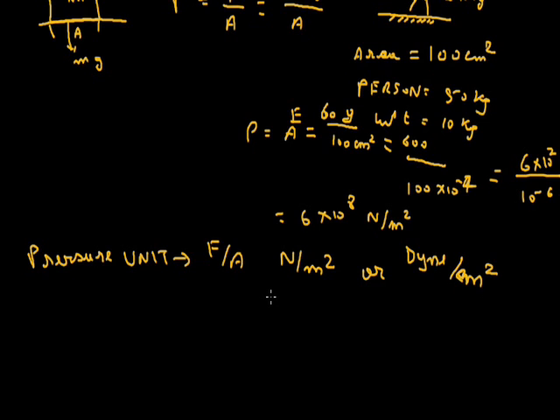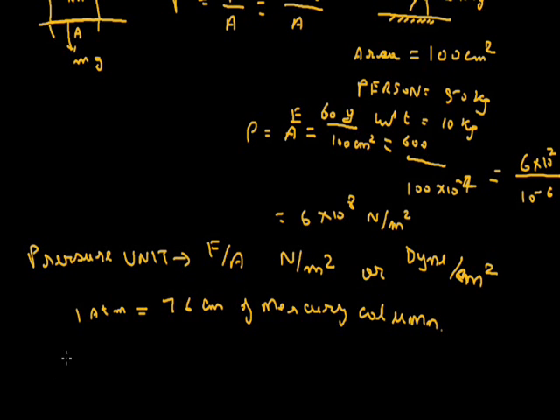There are some other units of pressure which are popular. Let us list them. 1 ATM, 1 atmospheric pressure, is equal to 76 centimeter of mercury column.